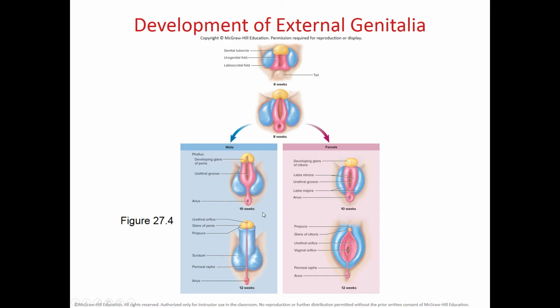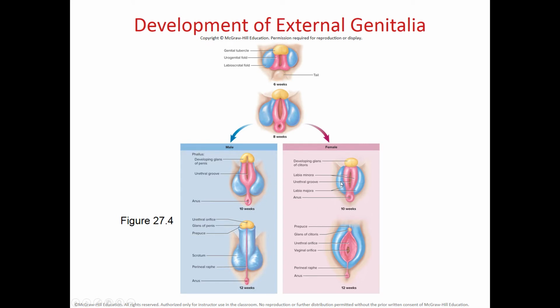So in the case of the males, they will develop the glans of the penis out of this genital tubercle, and then you will start developing the scrotum and the testicles out of the labioscrotal fold.